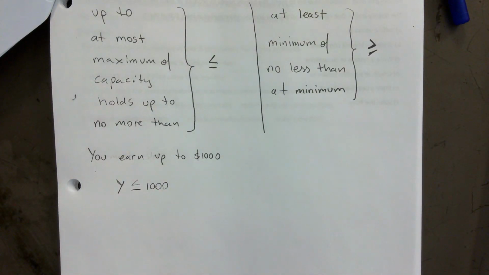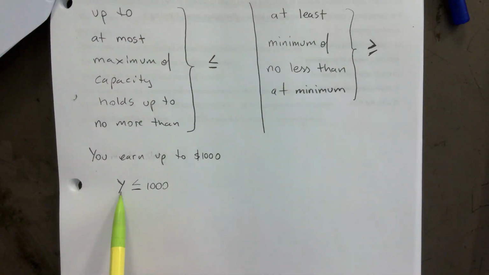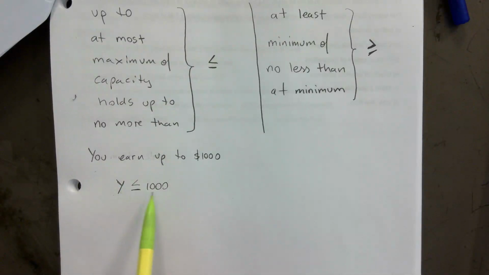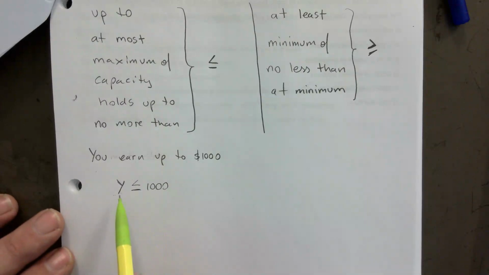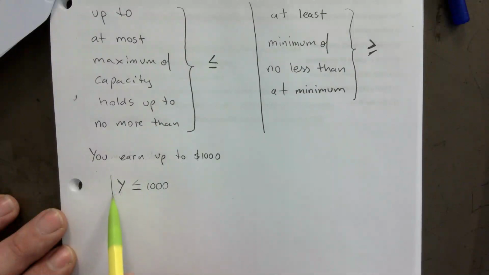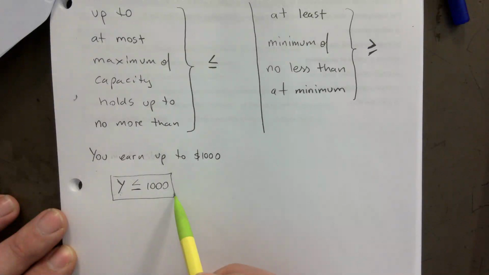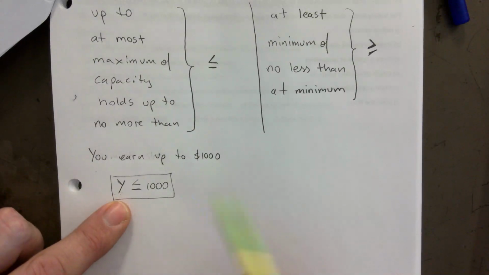Because if somebody says, hey, you earn up to $1,000 working at Circle K, that means whatever your wages would be for that week, you could make 900, 800, 700, anything that's less than or equal to 1,000. You could actually make exactly $1,000. The statement would still be true. So that would be the inequality.